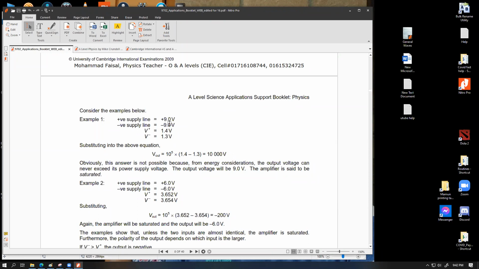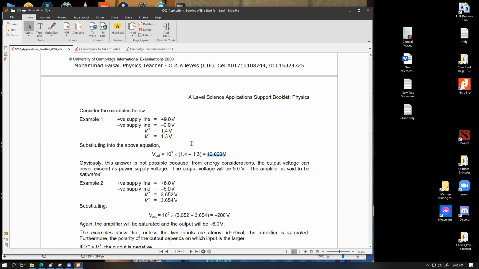The supply voltage is only how much? Plus minus 9 volt. Which means even though the mathematical output gives us 10,000 volts, the op-amp cannot give us 10,000 volts. So what's going to happen? It's going to give us an output of plus 9.0 volt, because this calculation 1.4 minus 1.3 gives us a plus output. So it's definitely going to give us plus 9 volt.